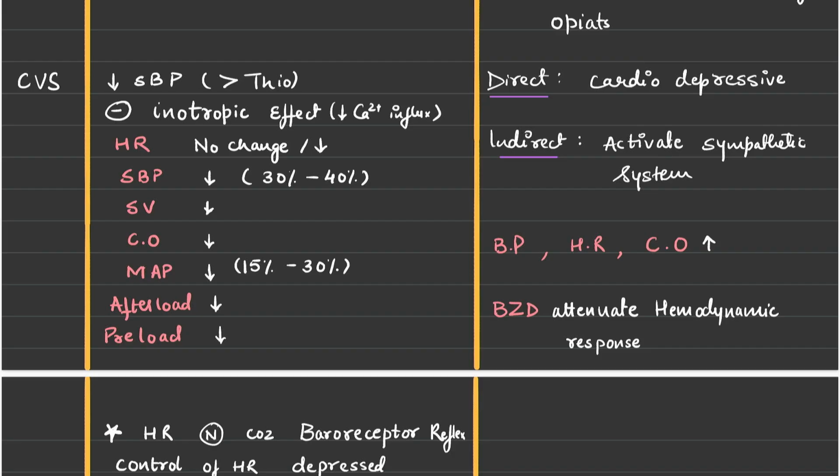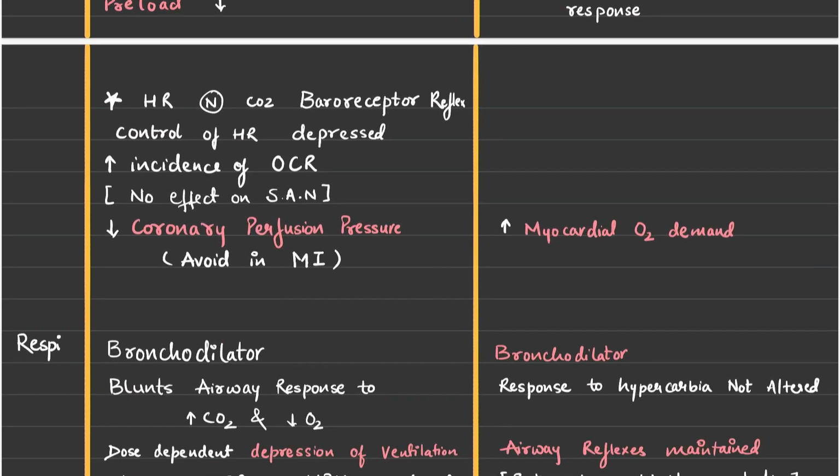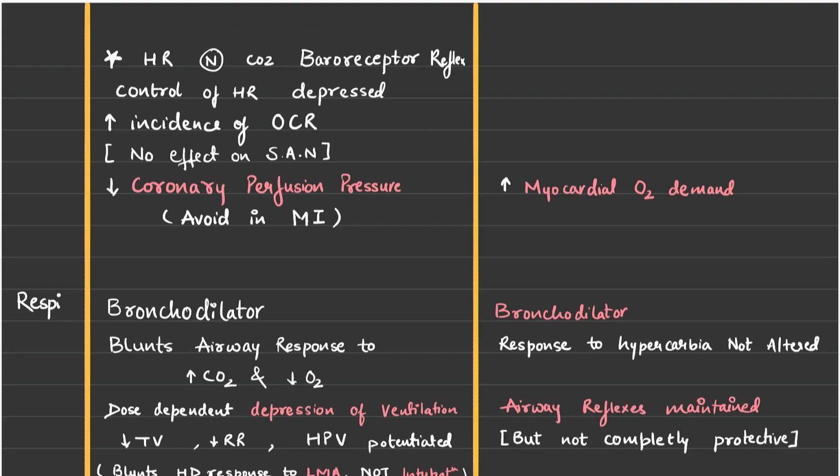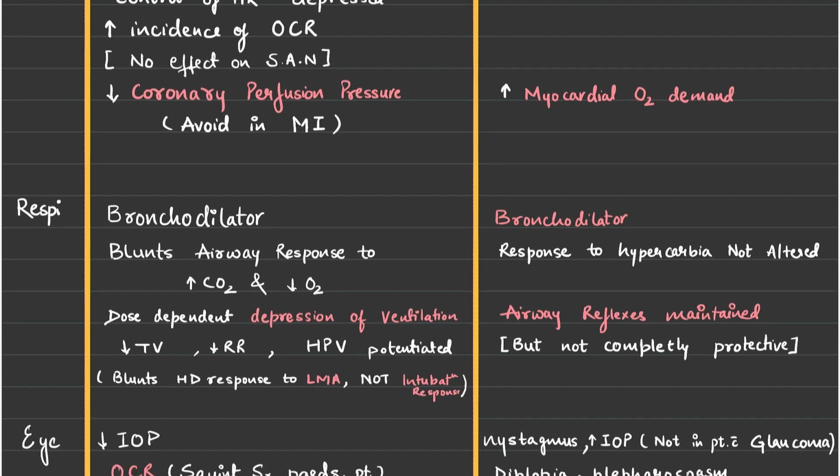So BP, heart rate and cardiac output increase due to ketamine. That is why it can be used in hypovolemic or hemorrhagic patients. Benzodiazepines also attenuate the hemodynamic response. Myocardial oxygen demand is increased due to ketamine.